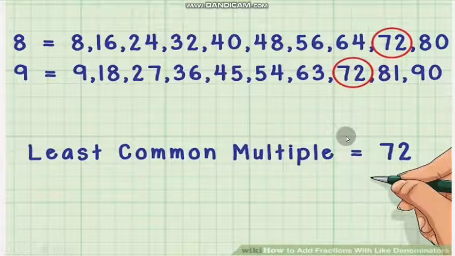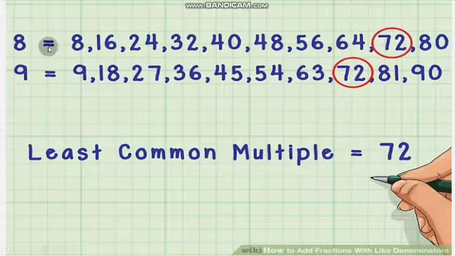Next, determine the least common multiple. To find a common denominator, you need to find the least common multiple of the two numbers, which is the smallest positive number that is a multiple of both original numbers. The multiples of 8 are 8, 16, 24, 32, 40, 48, 56, 64, 72, 80, and so on.